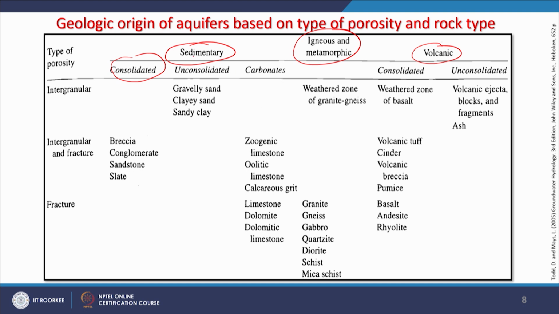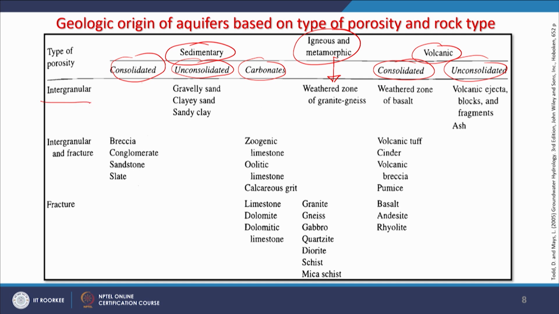Now, in sedimentary rocks we have three categories: consolidated, unconsolidated, and carbonates, meaning limestone, marble and other things. Here in volcanics, consolidated and unconsolidated rocks, and of course, this is for the metamorphic rocks. So, we will take them one by one as per their characteristics.